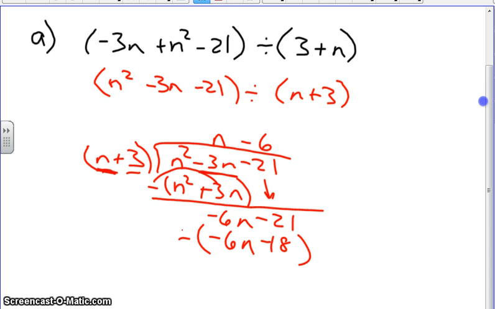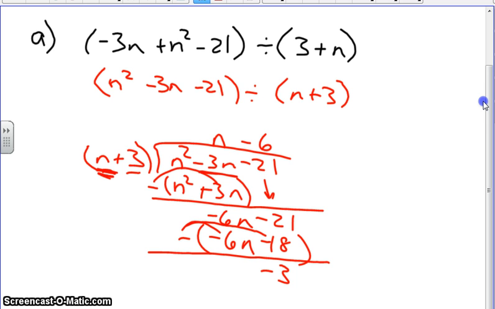So when we subtract negative 6n, we're really adding 6n to negative 6n, which is 0, right? And then we're subtracting negative 18, which is really adding 18, right? What is negative 21 plus 18? Negative 3.